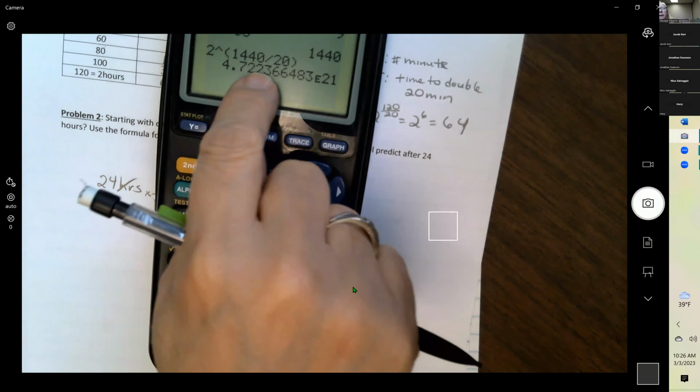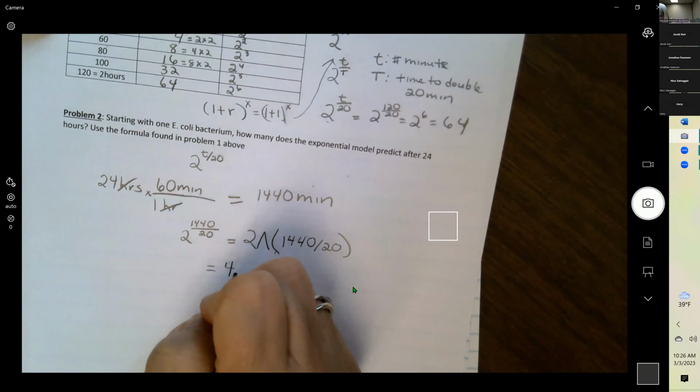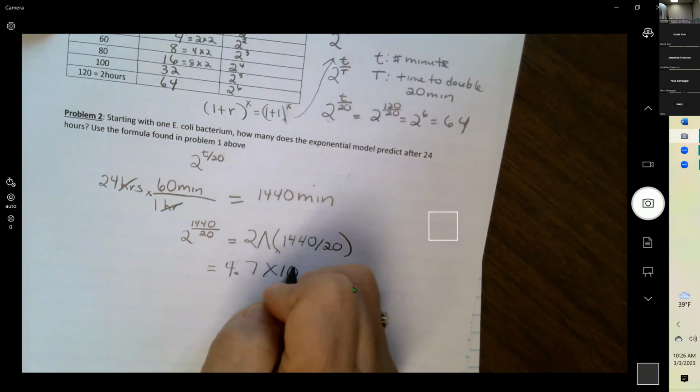I don't need all these values. 4.7 times 10 to the 21.